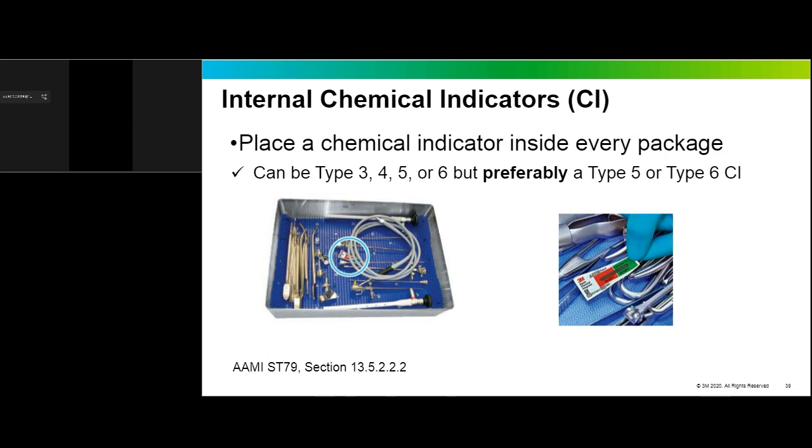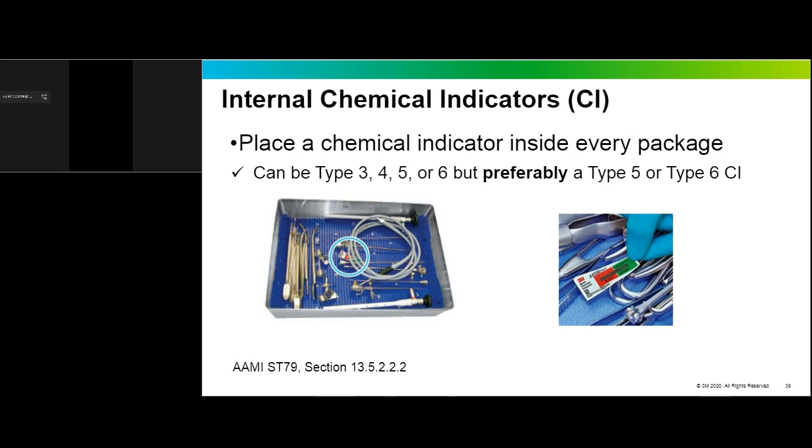Some people rely on a pre-printed dot on a peel pouch, for example, as their internal chemical indicator. That dot is very unlikely to be a type 5 or type 6 chemical indicator, so probably not satisfying today's recommendations.